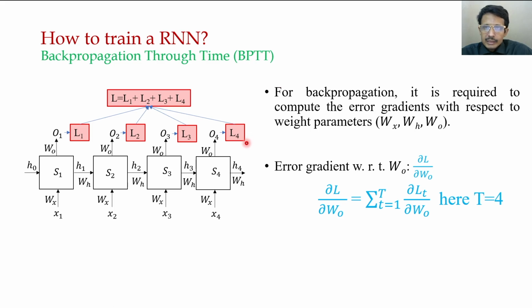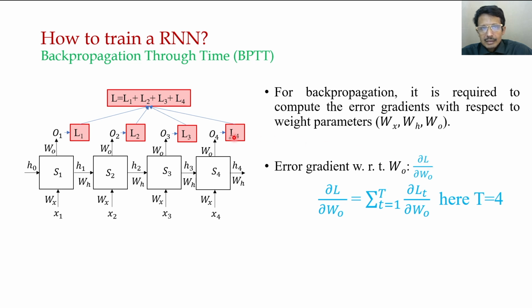Now, first of all, we try to understand Wo. Wo is basically the weight parameter for the output layer, and for this backpropagation we have to calculate the gradient. So first we have to find the error gradient with respect to this Wo.